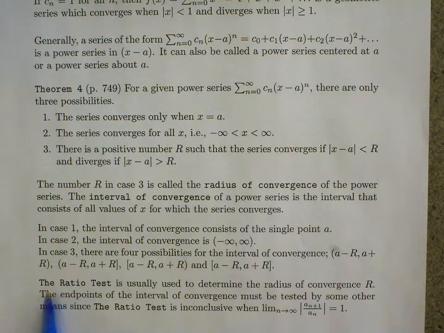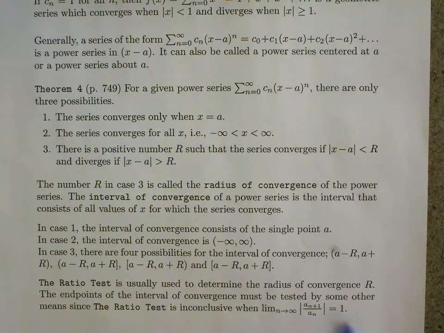Okay, the ratio test is usually used to determine the radius of convergence R, and then the endpoints of the interval of convergence must be tested by some other means, since the ratio test is inconclusive when the limit of the absolute value of the ratios equals 1.